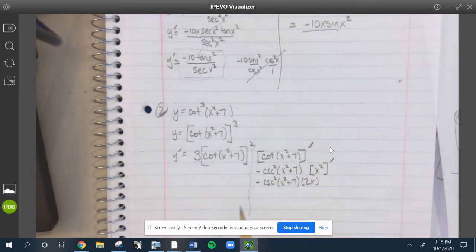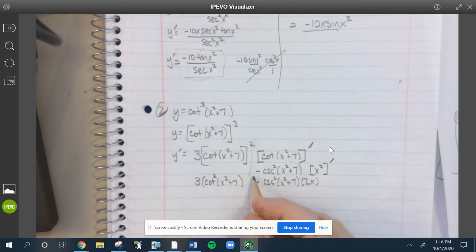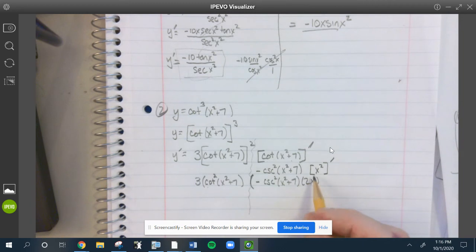Now don't forget, we have this too. So 3, I can write this as cotangent squared of x squared plus 7 times all of this. Now it's all one factor.